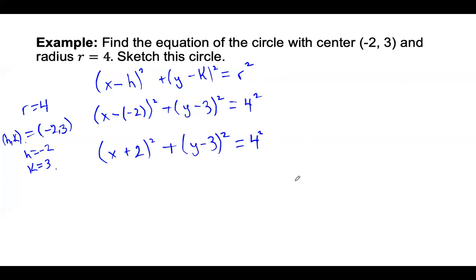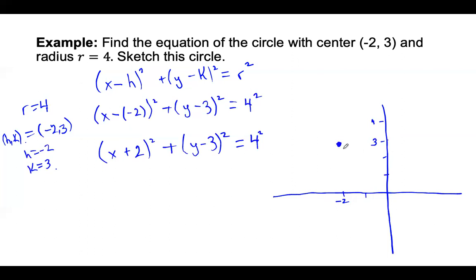Now let's try to draw a sketch. I'll try my best. It's not easy drawing circles. So we know it's going to be centered at -2 and 3, so here.